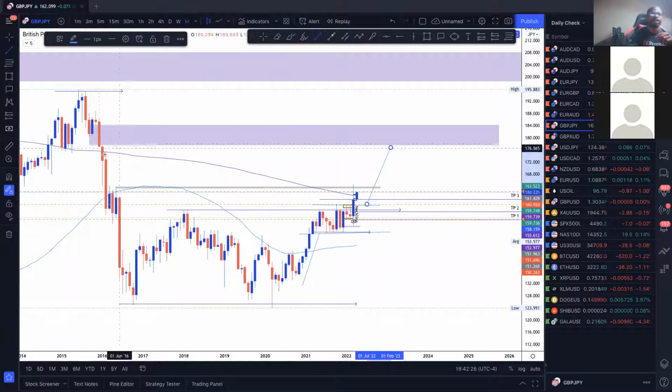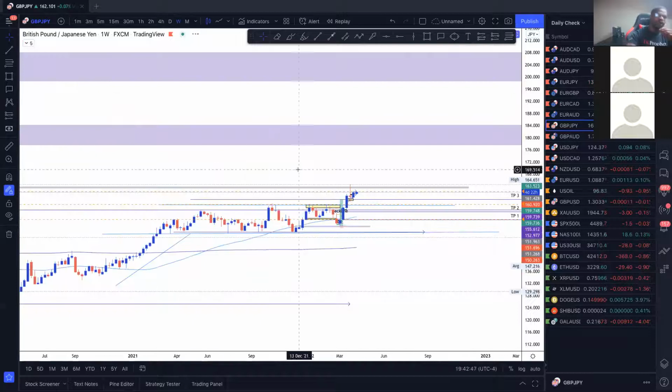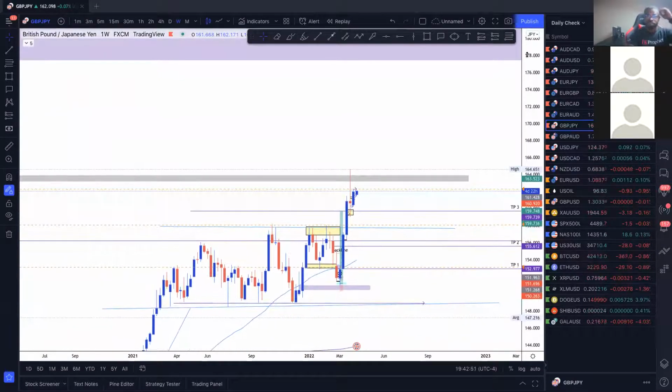We do have a slight imbalance area. So just from a quick look, it is still slightly bullish, even though price had a strong reaction to this 200 EMA. So at this point, we should still be looking for a buy or waiting for some type of consolidation before rejection.